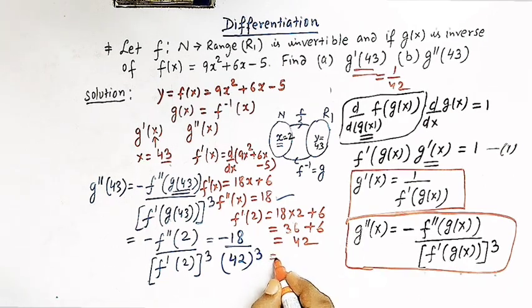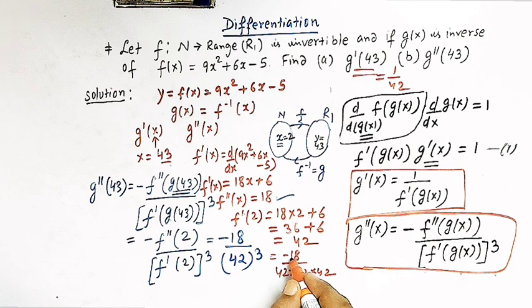So now simplifying it, we have −18 divided by 42 times 42 times 42, and we can cancel it. So we have 6 times 3 is 18, 6 times 7 is 42, and here we have 3 times 14.